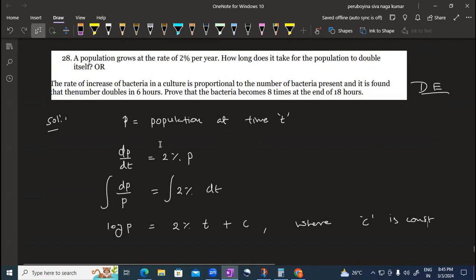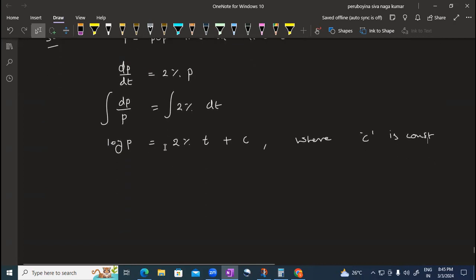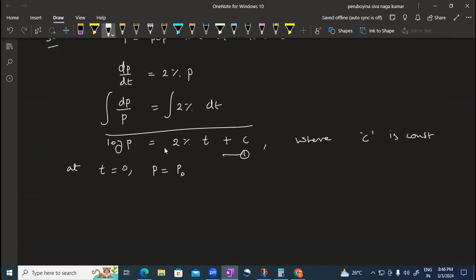And he says how long it takes to double itself. So at t equal to 0, we have to write for every question the same things. Population P is equal to P naught. Say it is first equation, make it a box.